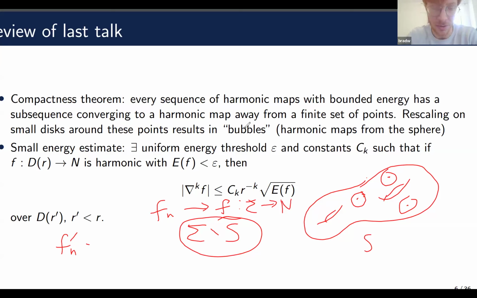After rescaling, these will converge to a harmonic map from the disk into N. But actually, I guess it's for disk minus zero. And then you use the removable singularity theorem to fill in this puncture and extend it also to the whole sphere.